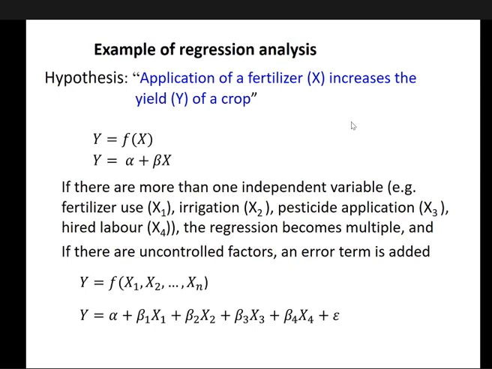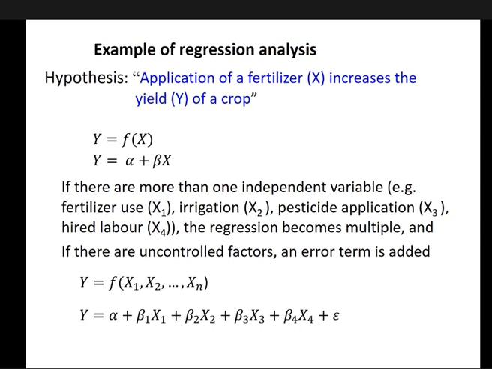Here I give an example of a regression analysis. Like we have always said, when you are doing the analysis, you should always refer back to your hypothesis, because you are doing this analysis to test a hypothesis.